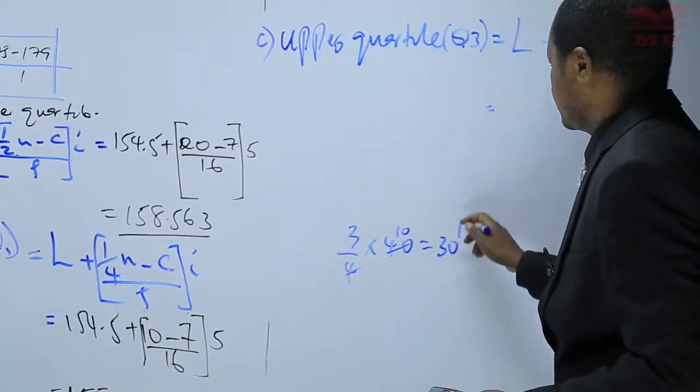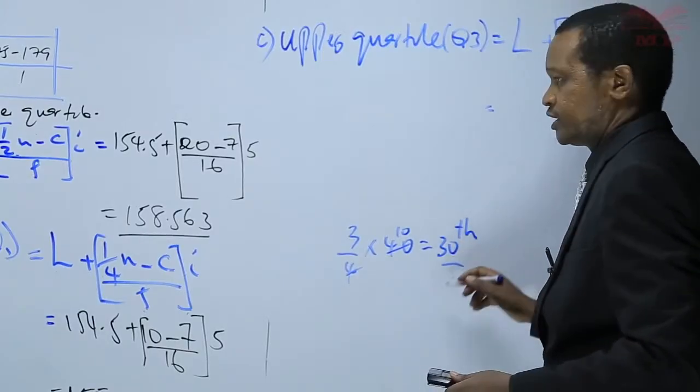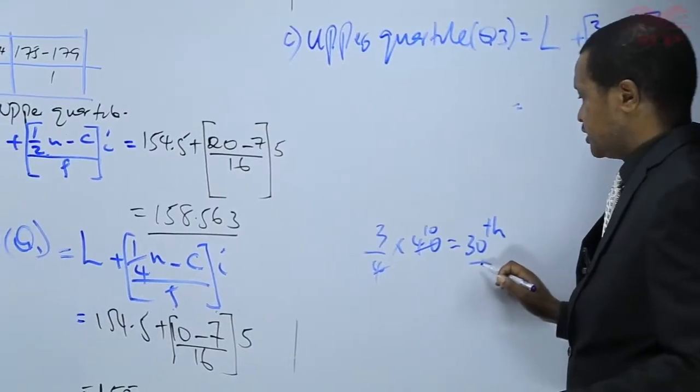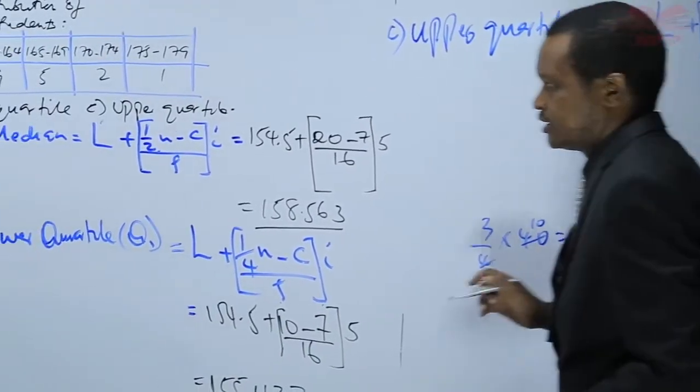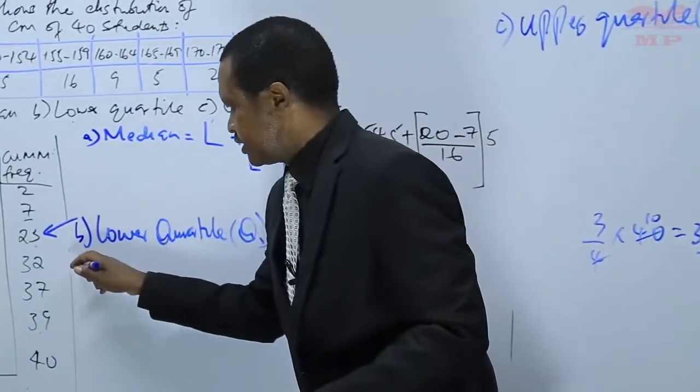So the 30th student, where does the 30th student lie? This will help us get the third quartile class.